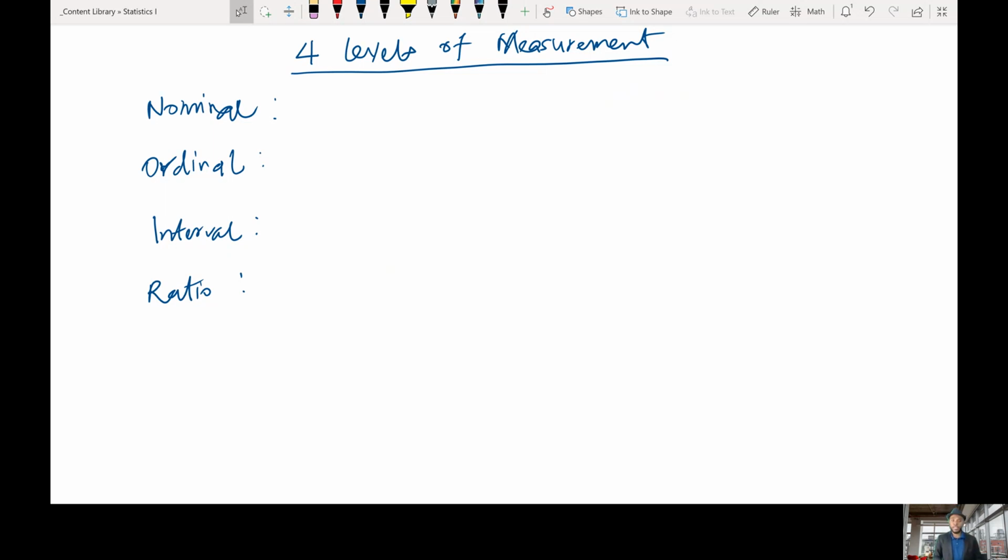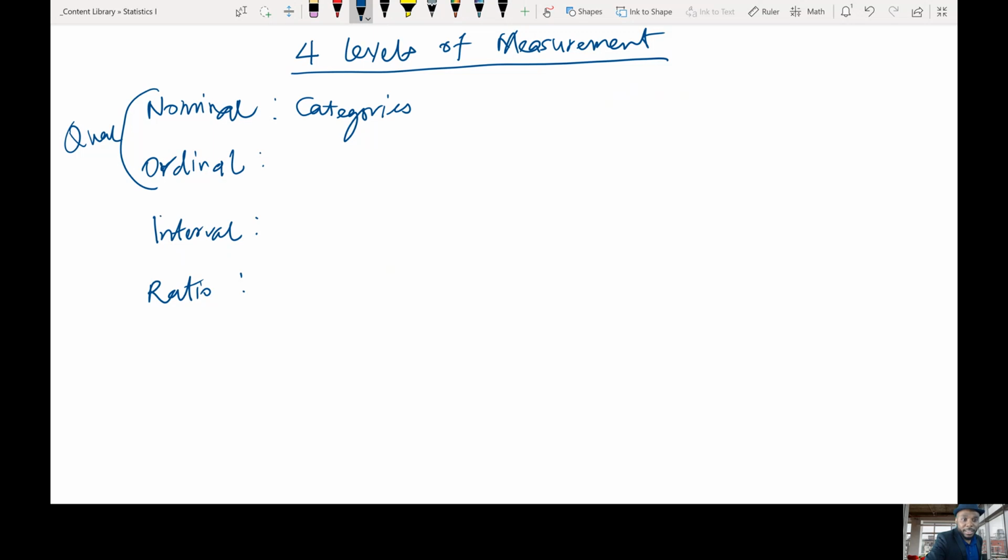Now, for a nominal measurement, we are looking at categories. So remember we said there are 2 types of data, quantitative and qualitative. Qualitative data are basically nominal and ordinal, so we said this is qual.